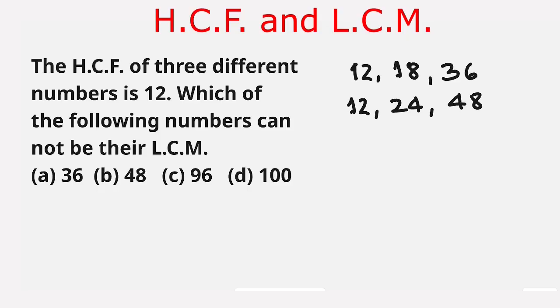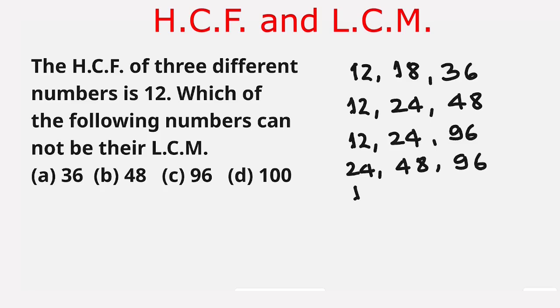And if the LCM is 96, then what can be the numbers? Numbers can be 12, 24 and 96, or 24, 48 and 96, or 12, 48 and 96. These are the various sets of numbers having their LCM as 36, 48 and 96.